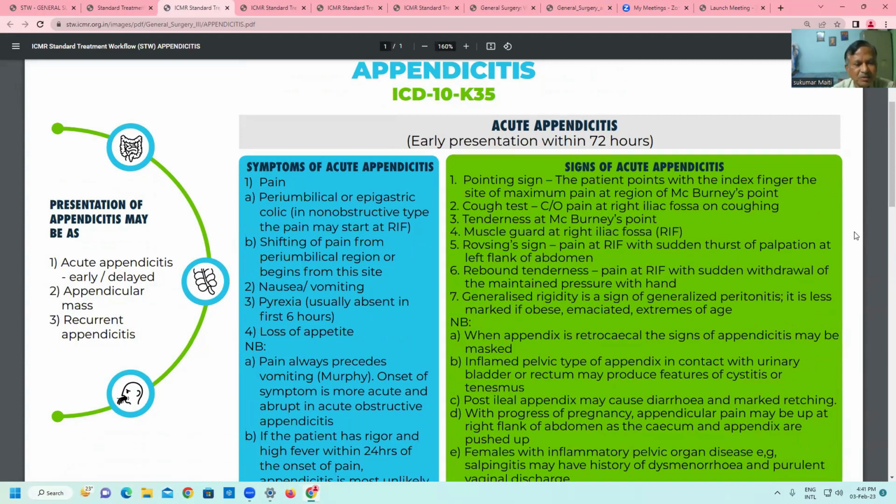But by this webinar, I want to highlight certain important aspects in the standard treatment protocol, which is in this workflow chart, and also some of them may be discussed further in the presence of very learned surgeons who are present in the audience. They can suggest their points which can be added to this workflow, and I think Professor Rajdeep Singh will also include those things if any suggestion comes from the audience.